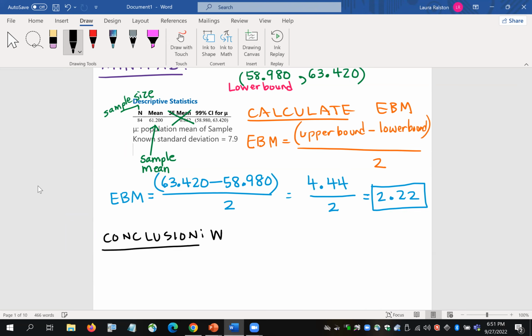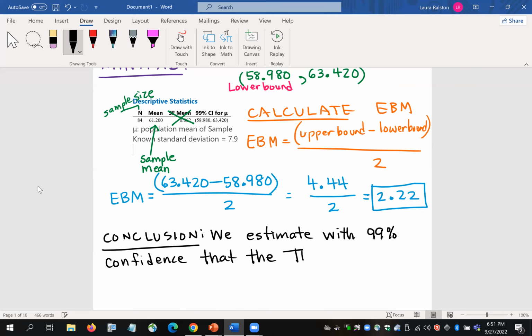So we would say, we estimate with 99% confidence that the true population mean, what were we talking about?